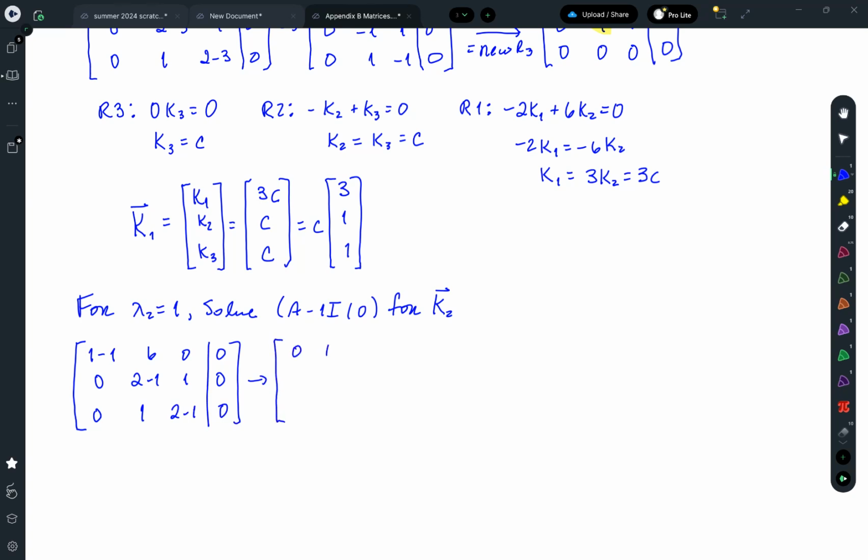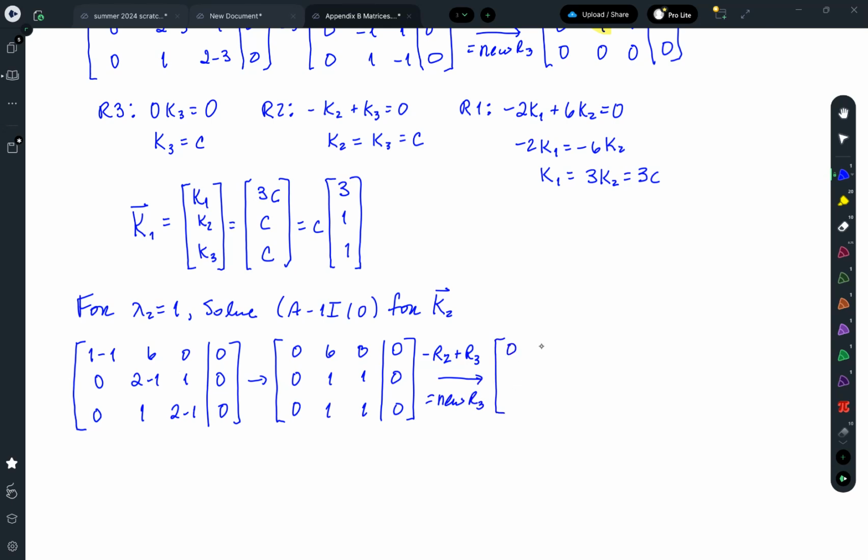First row is 0, 6, 0, 0. Second row is 0, 1, 1, 0. Third row is 0, 1, 1, 0. Okay, now I can use the negative of row 2 and add it to row 3, and that will clear below. I'll get my new row 3.